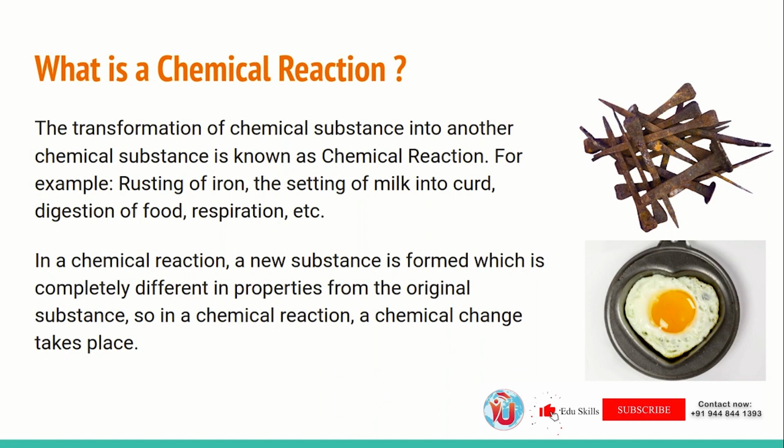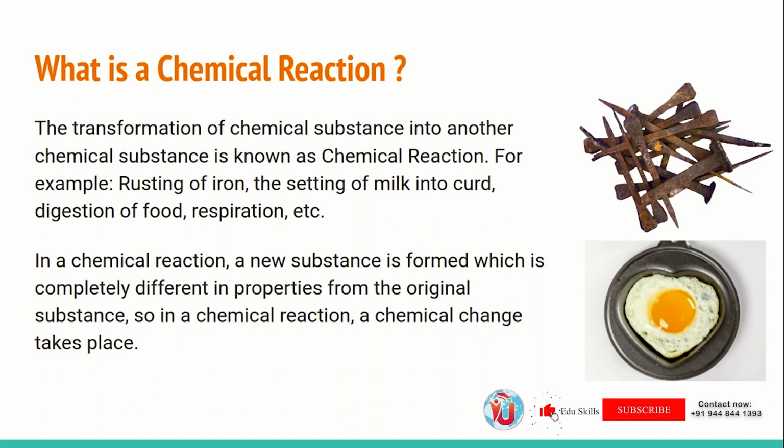We can see many examples of a chemical reaction even from our daily life, which include rusting of iron, the setting of milk into curd, digestion of food, respiration, etc. In a chemical reaction, a new substance is formed which is completely different in properties from the original substance. So in a chemical reaction, a chemical change takes place.